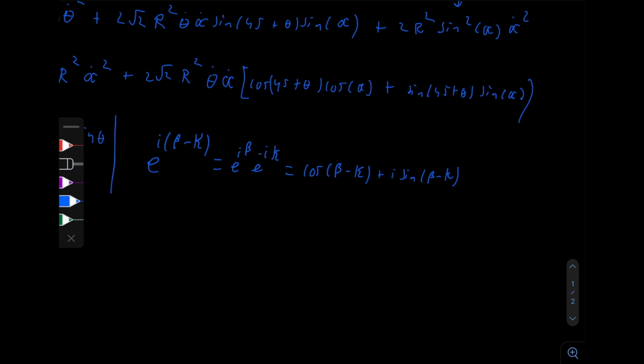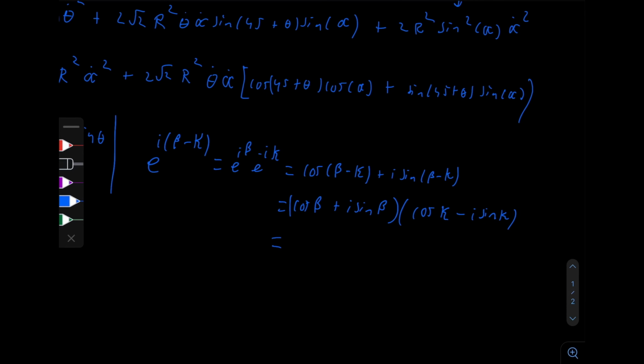Well, this is also equal to cosine of beta plus i sine of beta, multiplied by cosine of negative kappa, but cosine is even, so cosine of negative kappa is cosine of kappa. And then we'll have sine of negative kappa. Sine is odd, so we can bring the minus sign out. It's minus i sine of kappa.